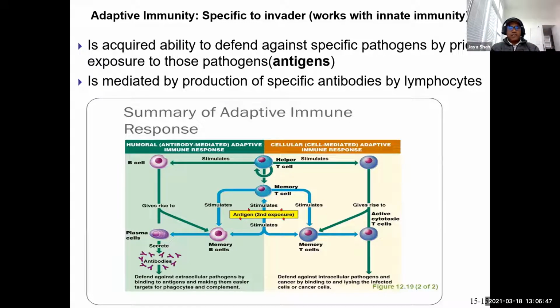So these antibodies kill only the microorganisms which are outside the cell, in your blood plasma or in your interstitial tissue. So they defend against extracellular pathogens by binding to antigen and making them an easier target for phagocytes and complement.